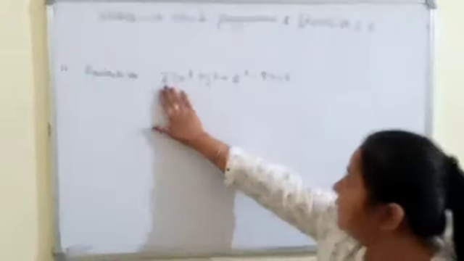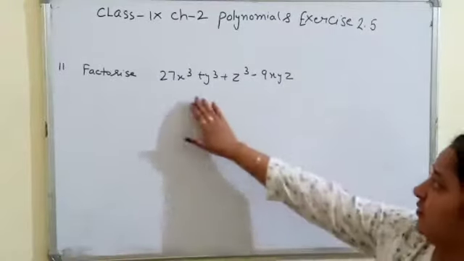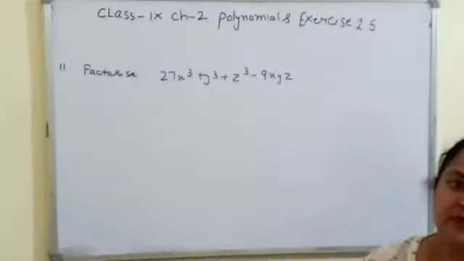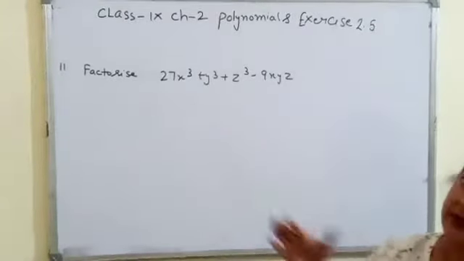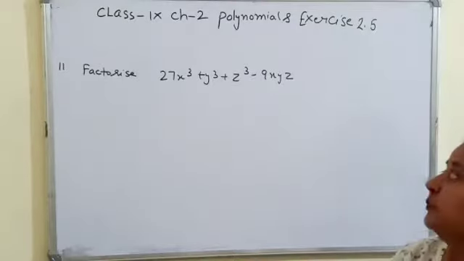You can see the first three terms are perfect cubes of themselves. First is 27x cube, that is the perfect cube of 3x, y cube is the perfect cube of y, and z cube is the perfect cube of z.